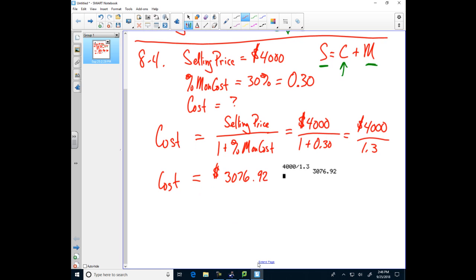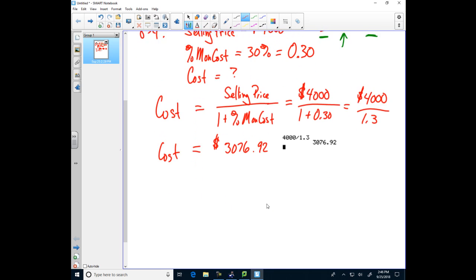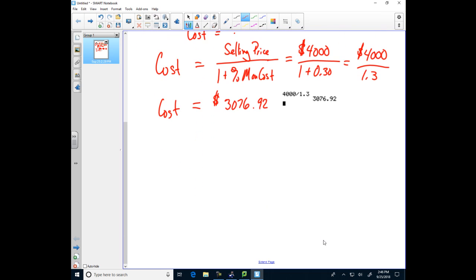Now, let me show you where this comes from. So, just so you don't think we're just making this stuff up. Let's start out with this. We know the selling price equals the cost plus the markup. And on a problem like this, we're told that the markup is a certain percentage, in this case 0.3, of the cost.